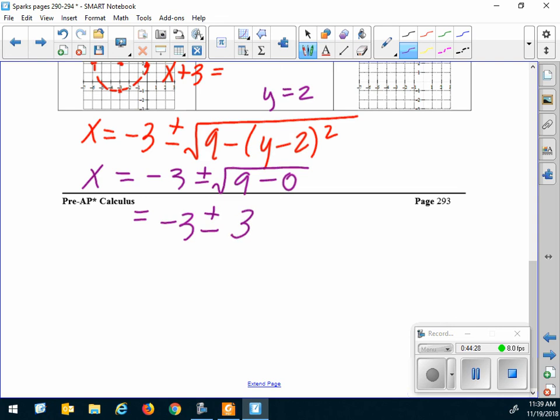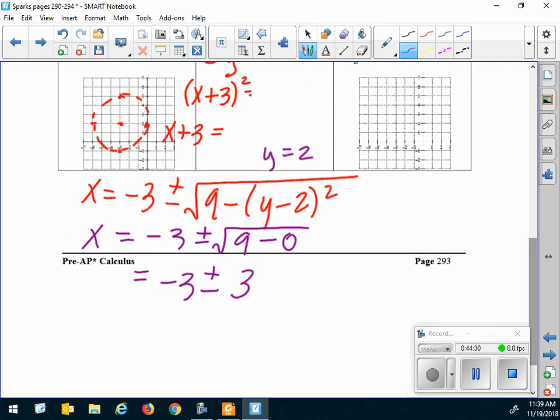Now, here's the deal. If I do negative 3 plus 3, and if I do negative 3 minus 3, you with me? So bottom line is if I do the positive one, I'm going to get this half. If I do the negative one, I'm going to get this half.